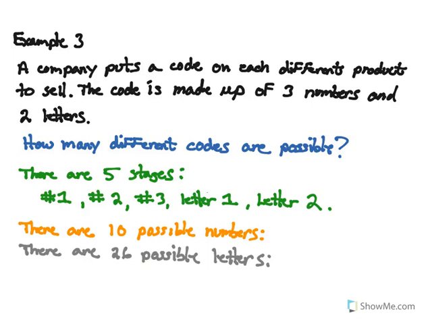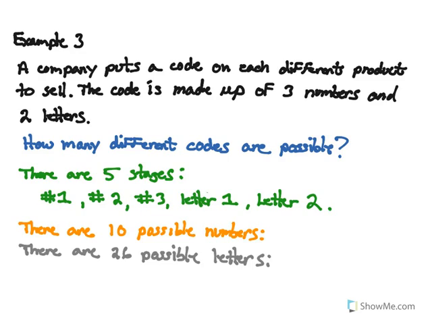Okay, let's look at one last example. A company puts a code on each different product to sell. The code is made up of 3 numbers and 2 letters. And the question is, how many different codes are possible? How many combinations can we make with 3 numbers and 2 letters?